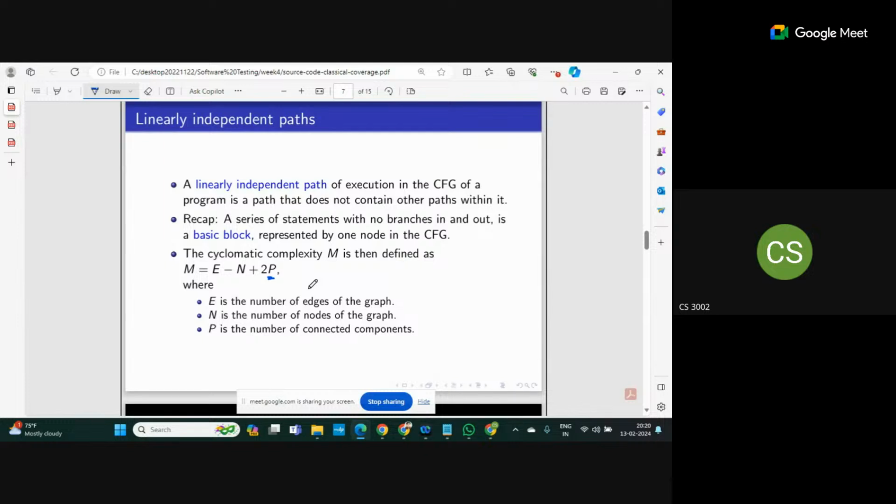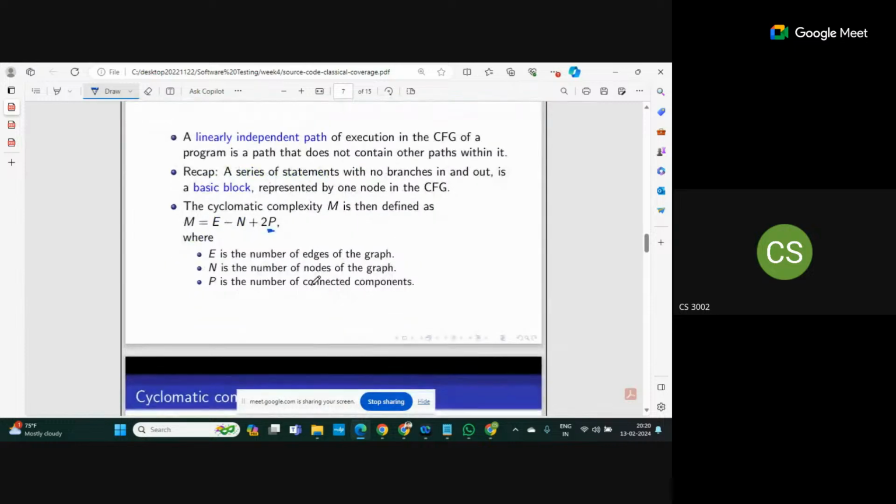Any comments on that? From what I understand, if every node can be reached from every other node through a forward or backward edge, then it is one single connected component. Yeah, that's correct. So like that, I can have multiple components, and I need to take care of that also.